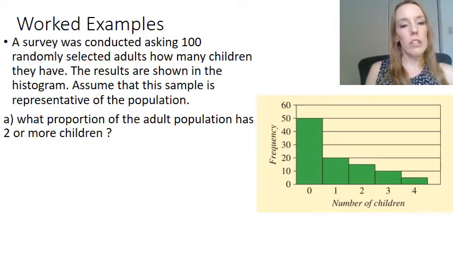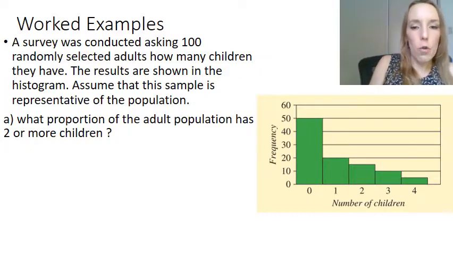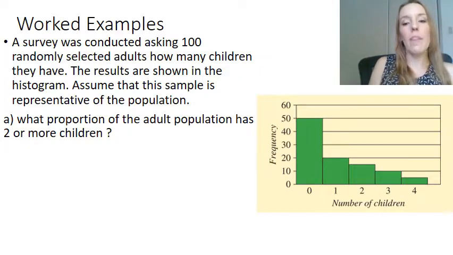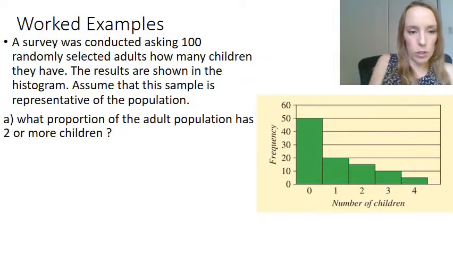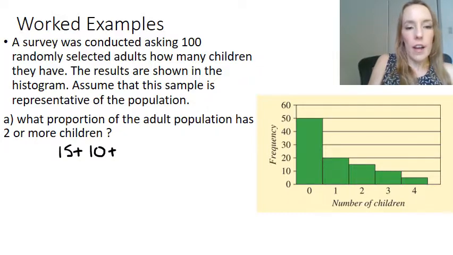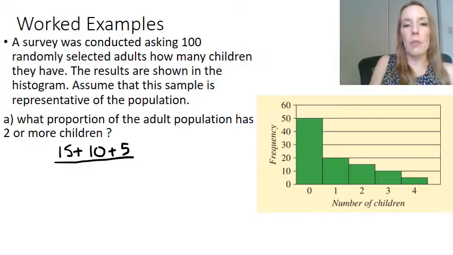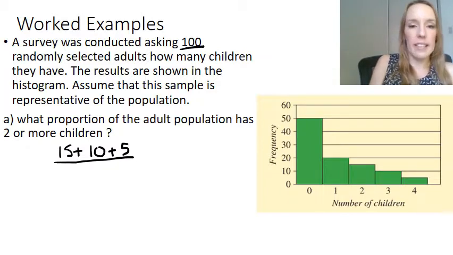Okay, so what proportion of the adult population has 2 or more children? To calculate that, we have to add up how many people have 2 or more children. We've got 15 people who had 2 children, 10 people who had 3 children, and 5 people who had 4 children, out of the total, and the total was 100 because they said they had 100 randomly selected adults.